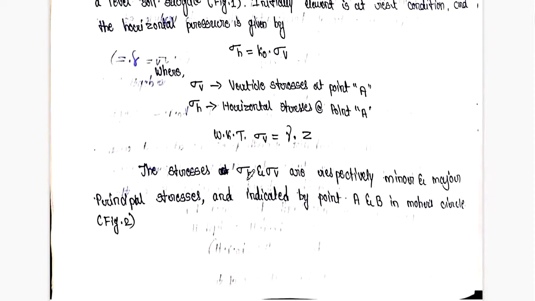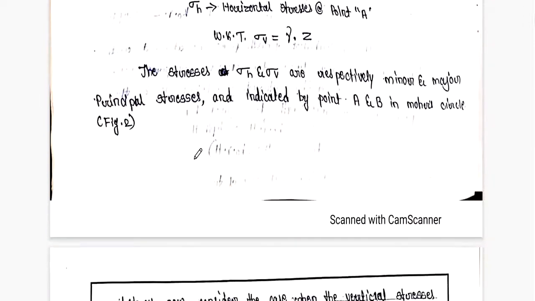The Mohr circle represents the major and minor principal stresses, and you have already studied the Mohr circle in the previous year. Sigma h is represented by point A and sigma v is represented by point B on the Mohr circle.